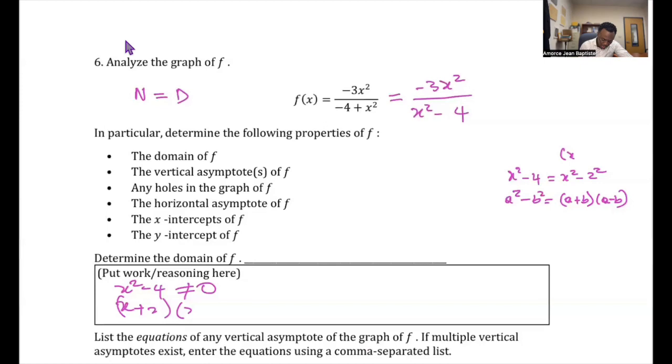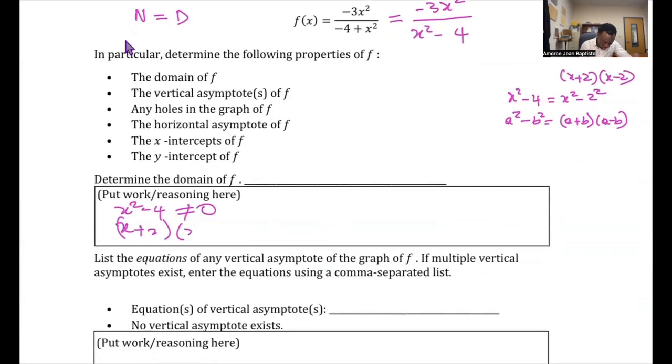So that's x plus 2 times x minus 2. That's why I have this x plus 2, x minus 2 here.